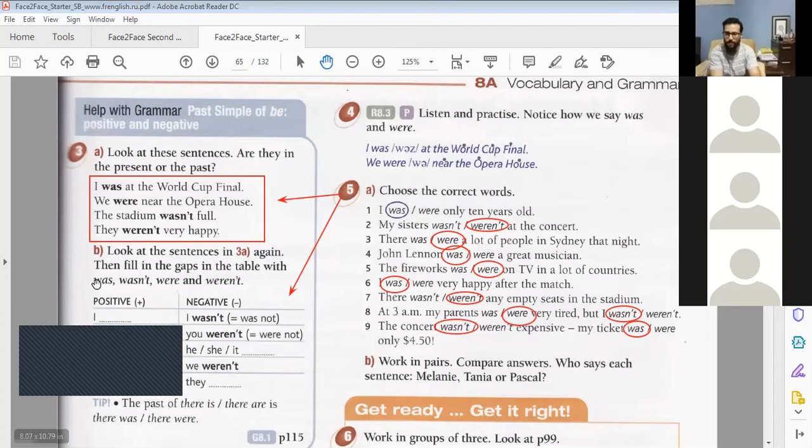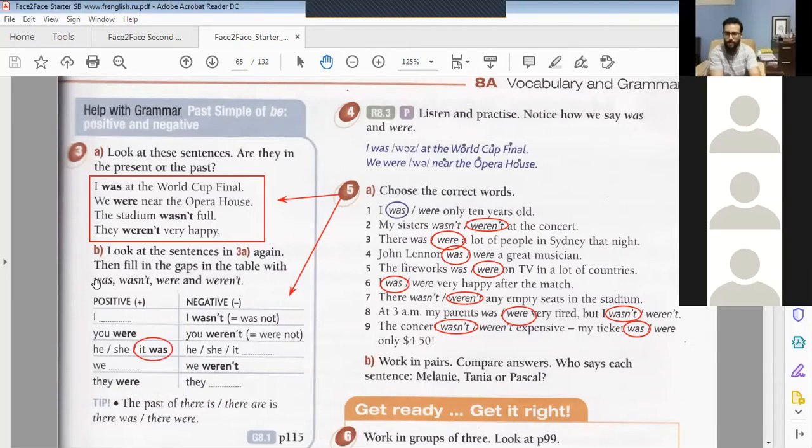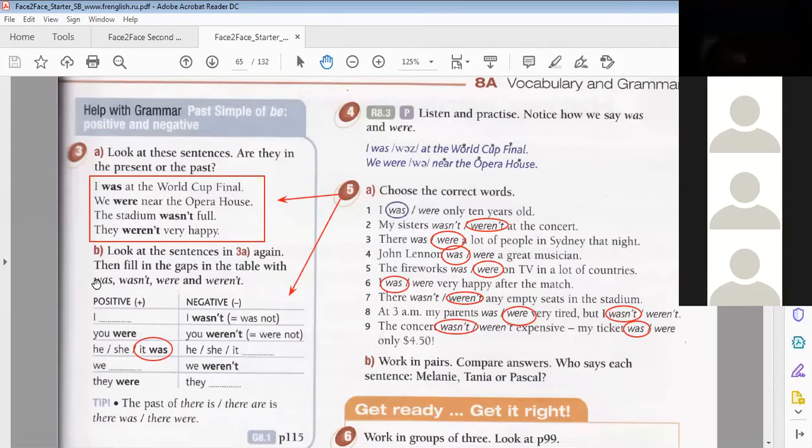I was very young at the time. It was a great match. It was a fantastic New Year. There were some amazing fireworks. The concert wasn't very long.